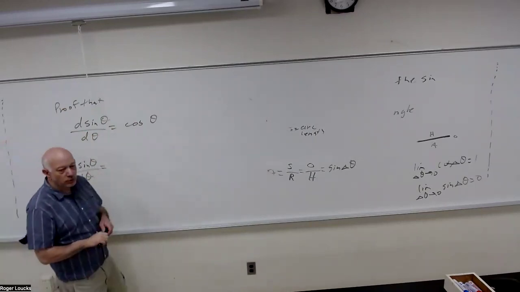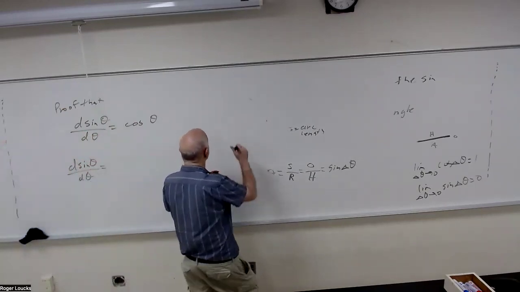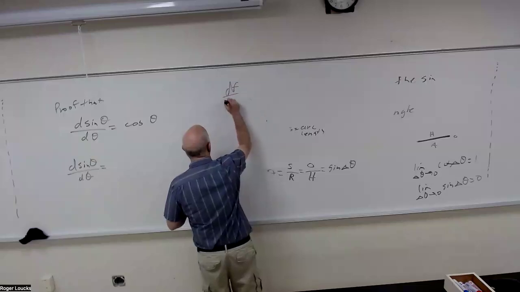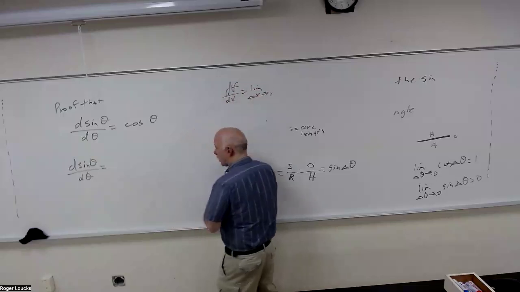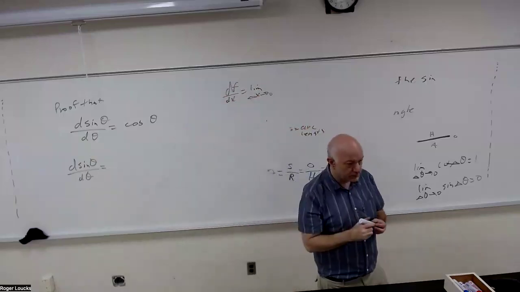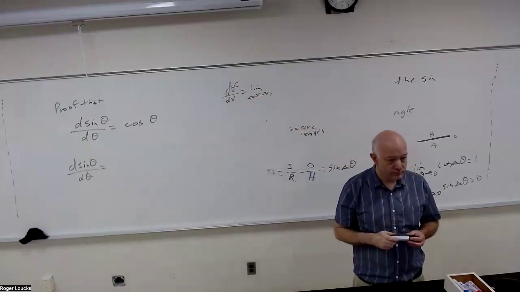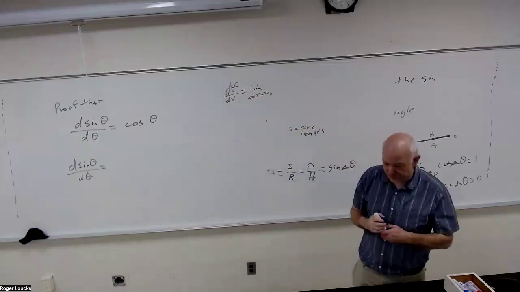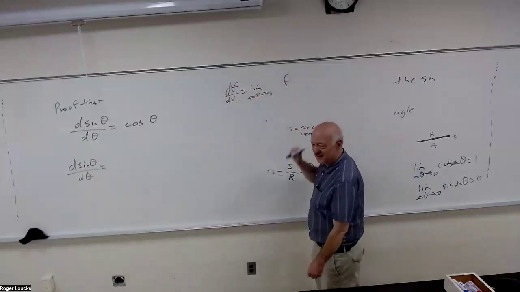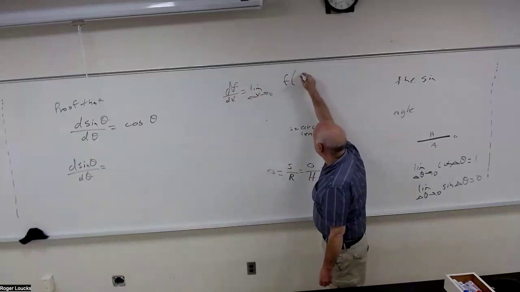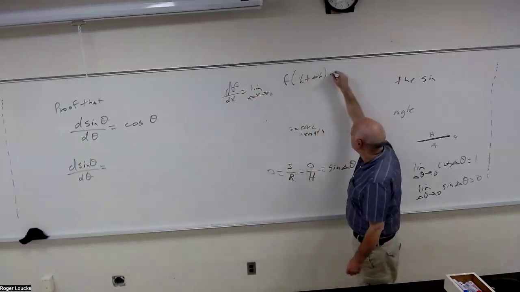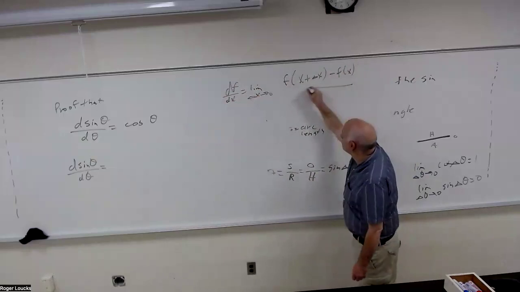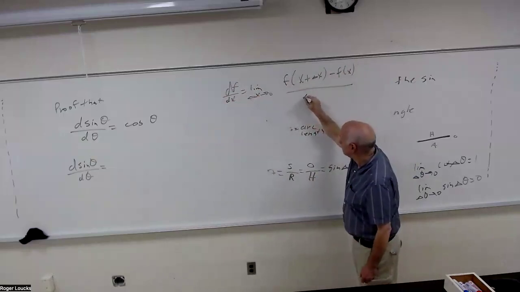So what is the formal definition of the derivative? Remember, the formal definition of a derivative is the limit as delta x goes to 0 of f evaluated at the point x plus delta x, minus f of x, all over delta x.